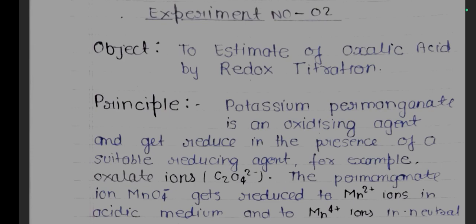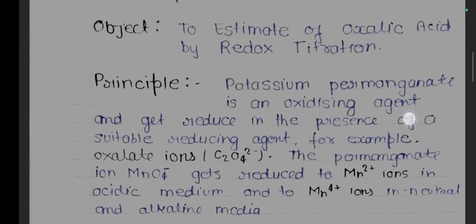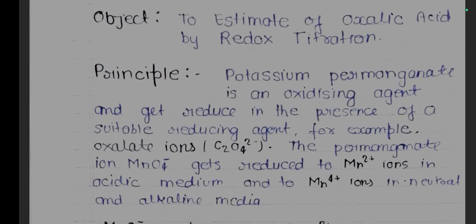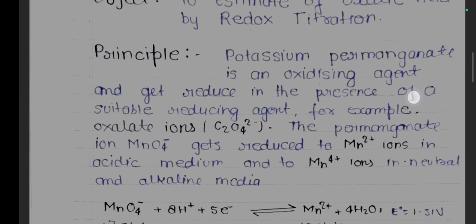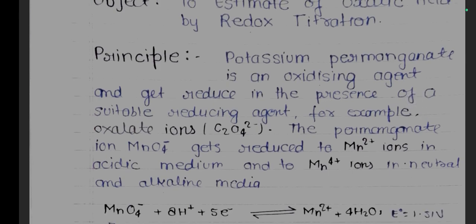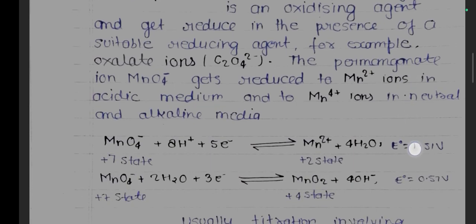That is the principle: potassium permanganate is an oxidizing agent and gets reduced in the presence of a suitable reducing agent. For example, with oxalate ions C2O4 2-, the permanganate ions MnO4- get reduced to Mn2+ ions in the acidic medium and to MnO2 in the neutral or alkaline media.